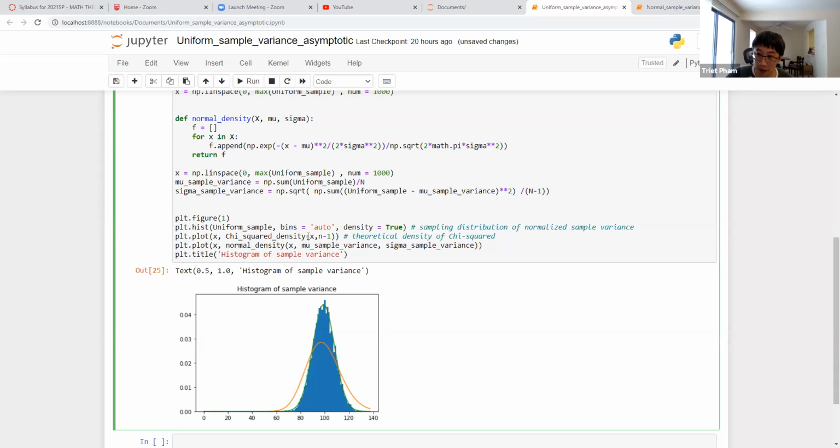Because I run the sample variance, I get a bunch of variance numbers. So I take the sample average of that and the sample variance of the sample variance. If I run that, it fits snugly. This is a normal curve. Notice the chi-square curve still does not fit.